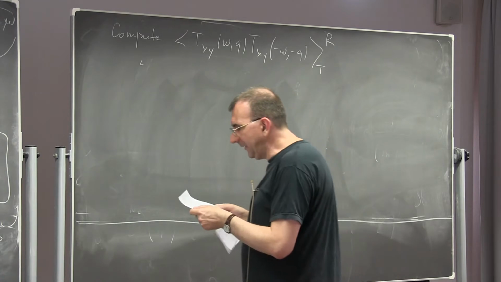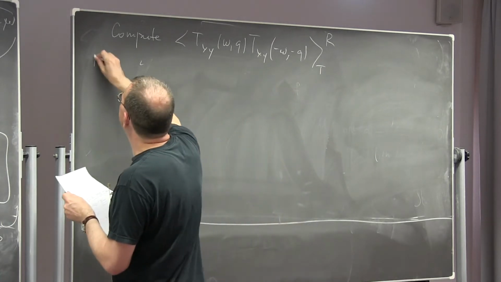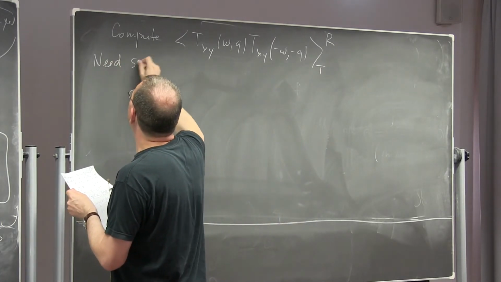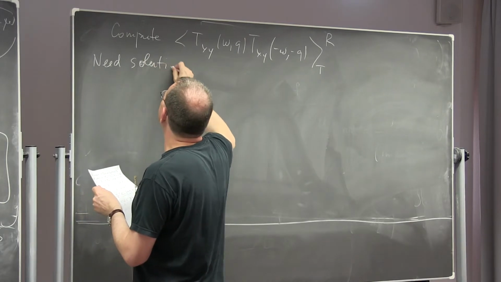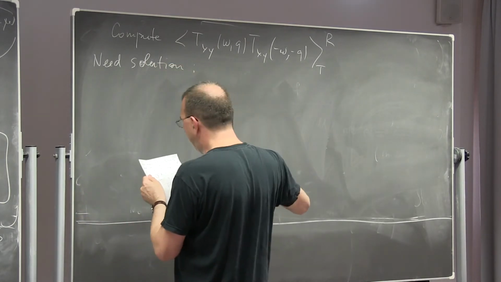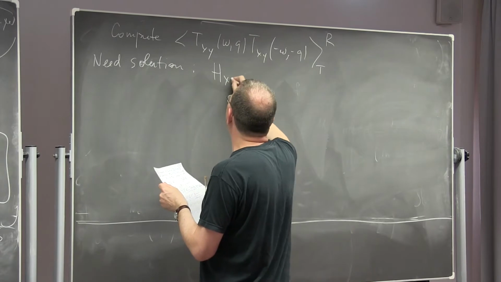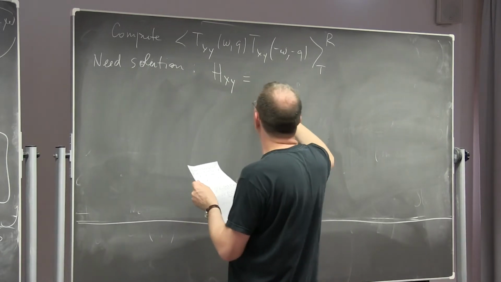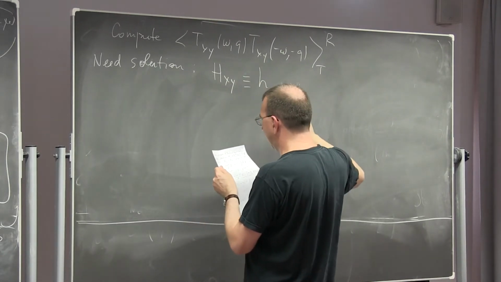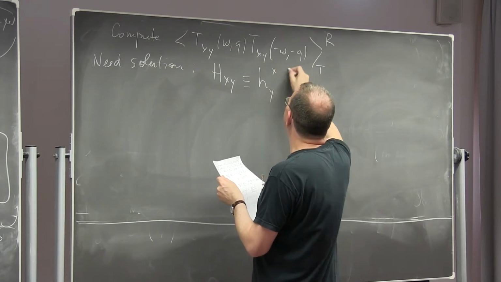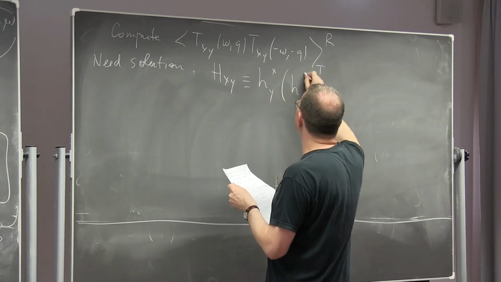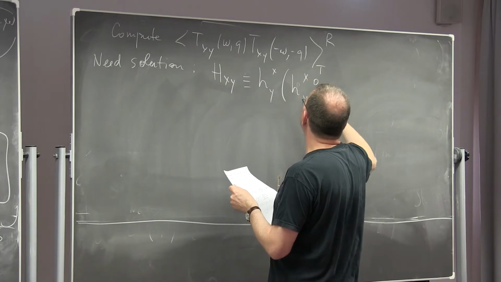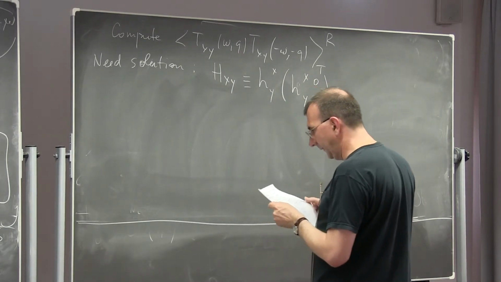So we need a solution of the equations of motion, which is h xy, the off-diagonal component with x and y, as a function of the boundary value of h xy naught. Right, so this is what we want to compute.